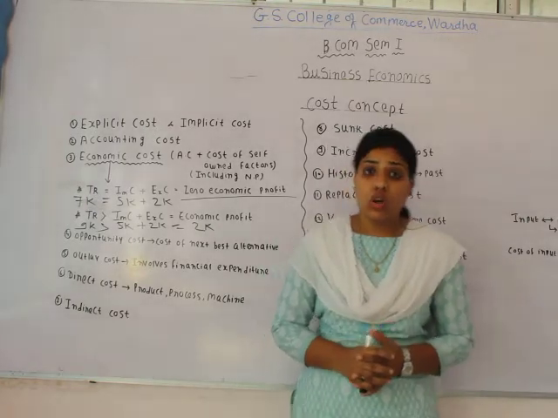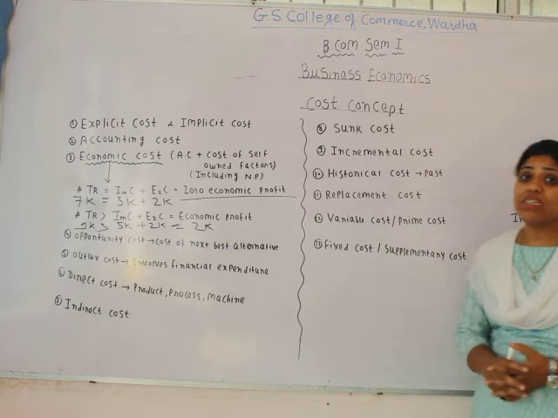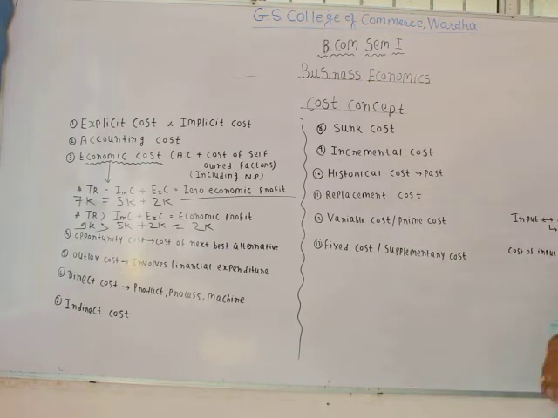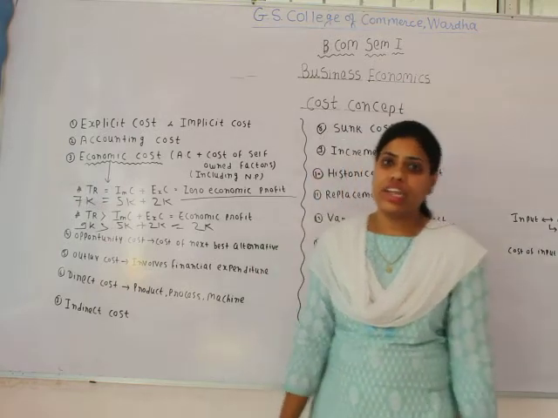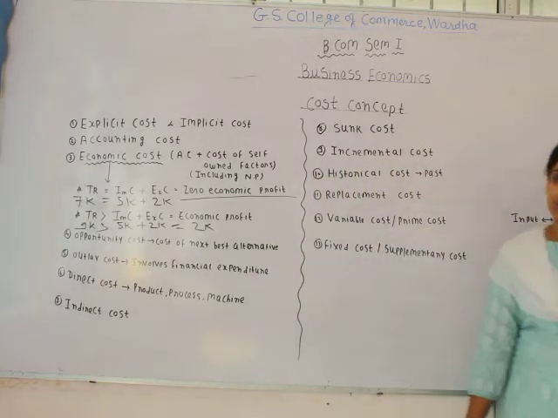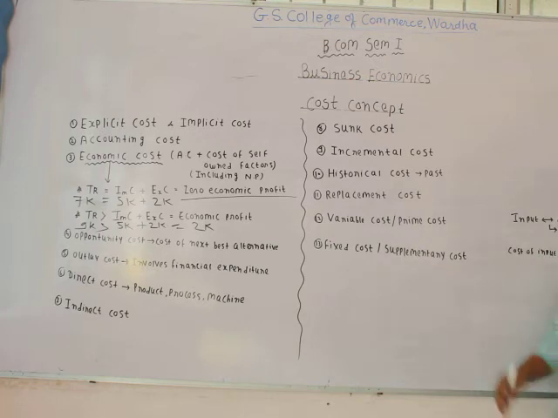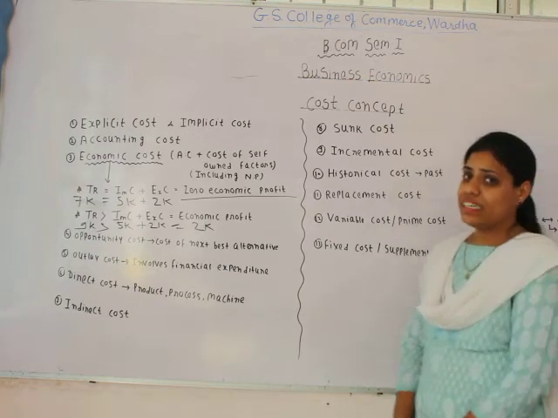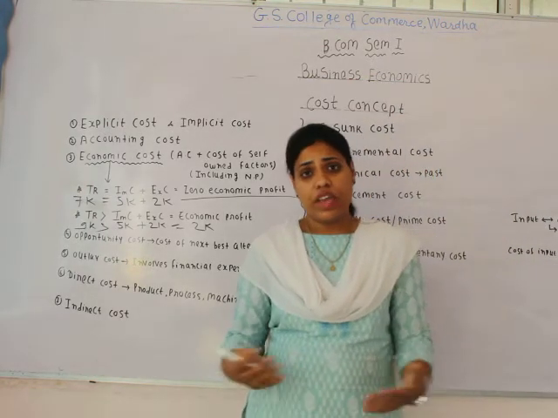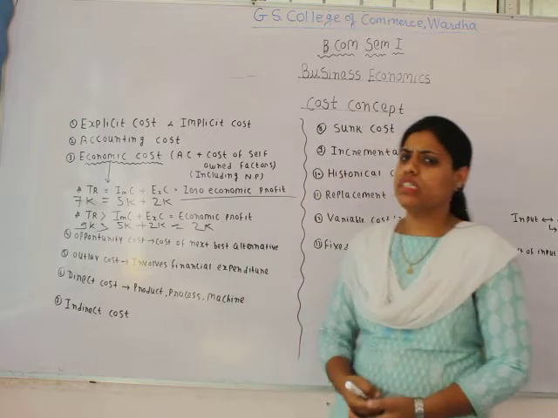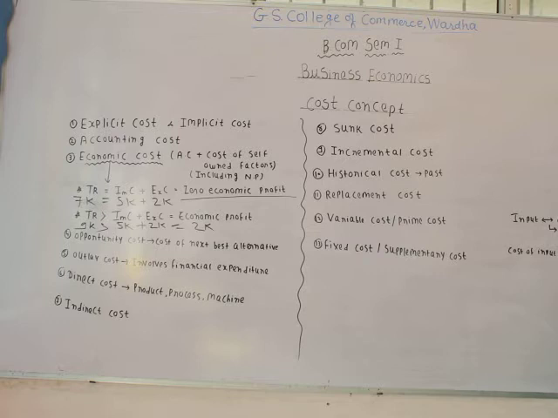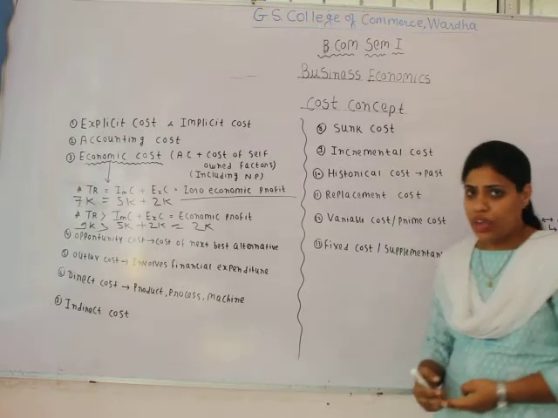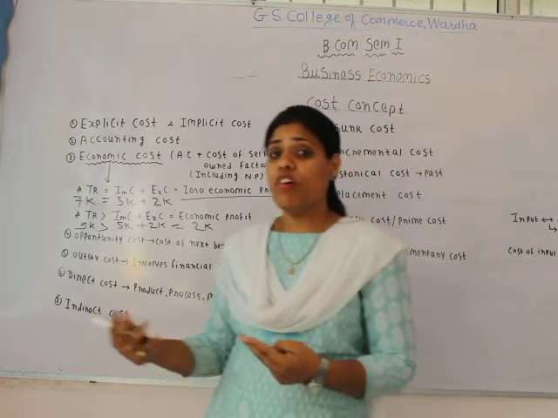It is the cost of the opportunity which has been sacrificed, which has been foregone. The opportunity cost comes into existence due to the fact that resources have alternative uses. If you have a piece of land, you can use it for agricultural purposes, or you can use it for setting up a plant.